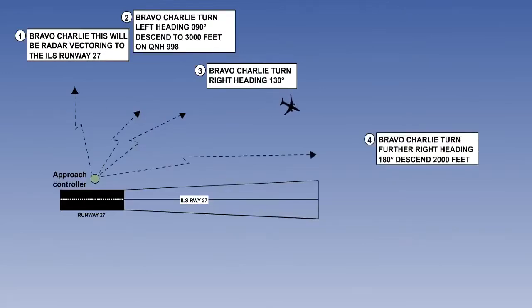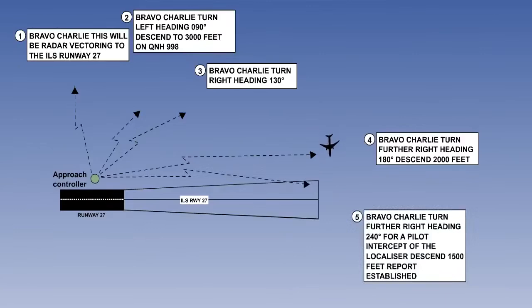Bravo Charlie, turn further right, heading 180 degrees, and descend to 2,000 feet on QFE 982. Bravo Charlie, turn further right, heading 240 degrees, for a pilot intercept of the 27 localizer.